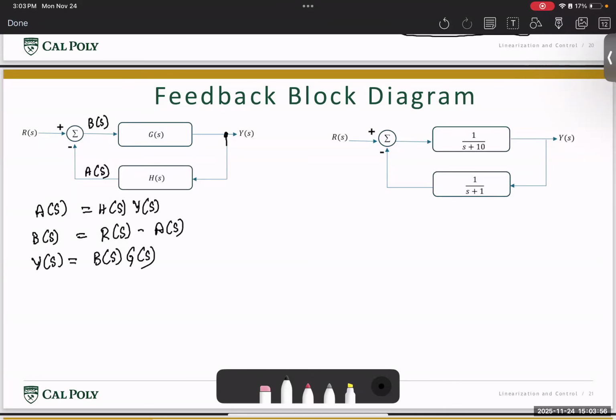Now what I'm going to do is substitute for B of S using this equation and then substitute for A of S using this equation.